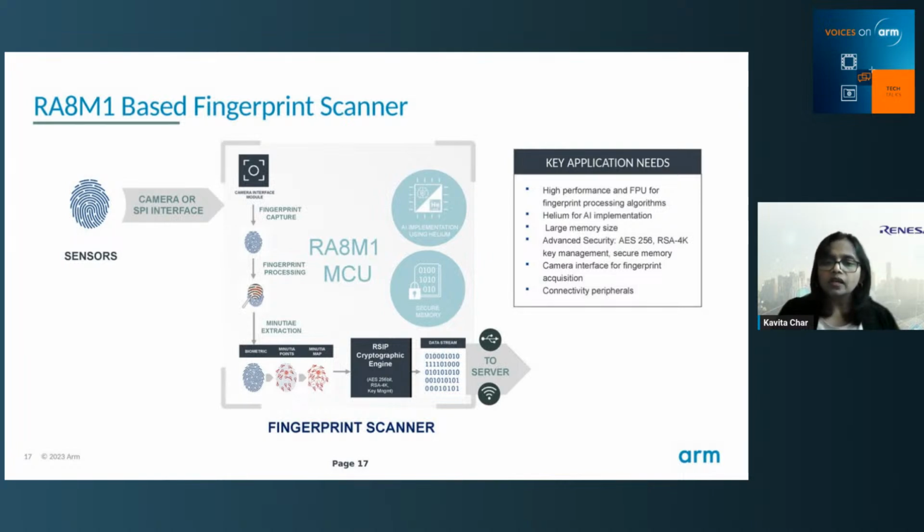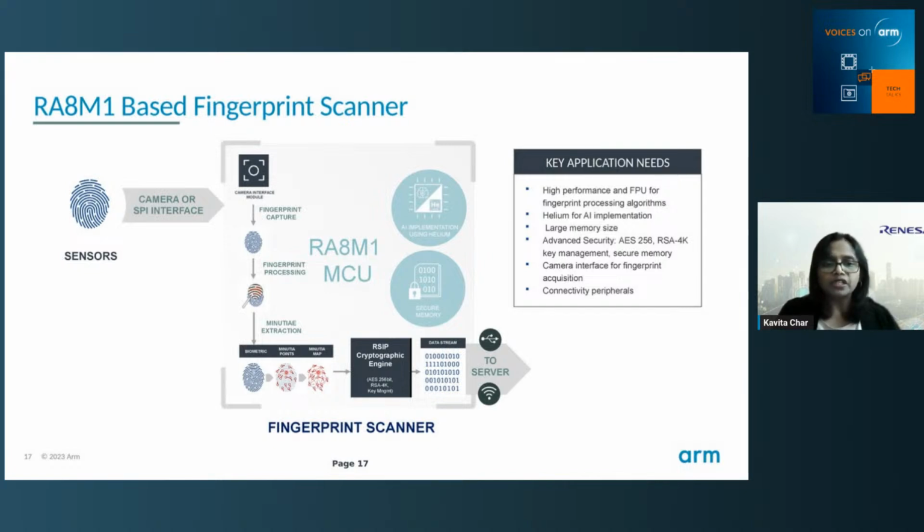There is some processing required for this fingerprint to extract the minutiae, which then needs to be encrypted and sent over to the remote server for processing or for validation and authentication. In addition, an AI implementation has also been added that can make use of Helium.